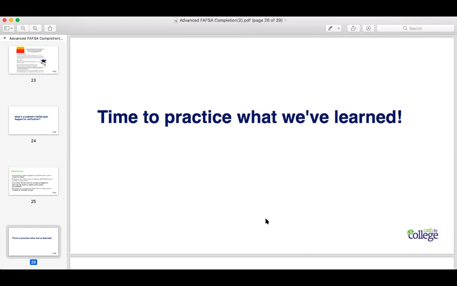Okay, the next question is, a student's parents are separated and not living together, but it's not a legal separation. How do you report their marital status on the FAFSA?